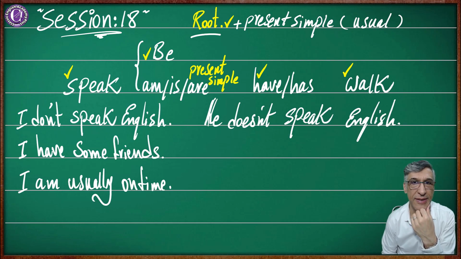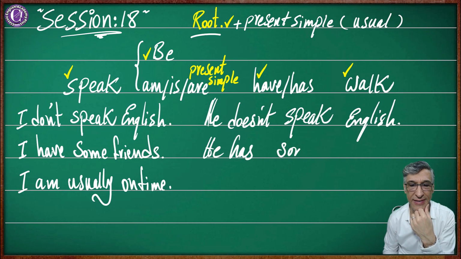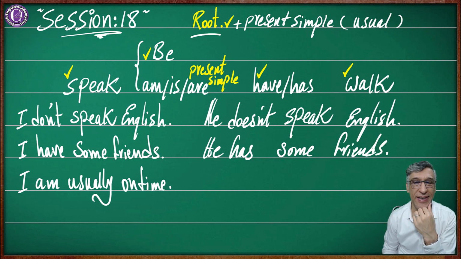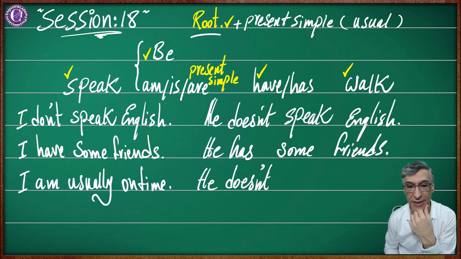And what about has? Yes, he has some friends. This is a kind of positive or negative form. If we say he has some friends, we use a helping verb, say he doesn't. Do you remember this? He doesn't have.